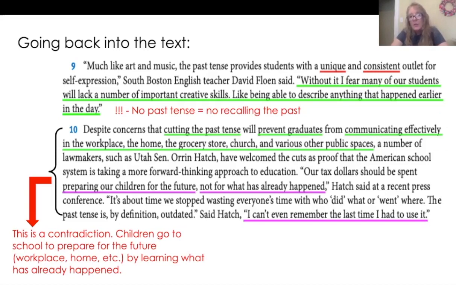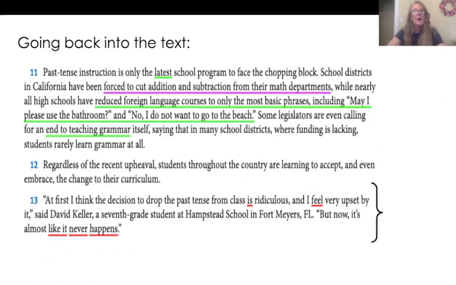This last little piece here in purple, I can't even remember the last time I had to use it. That quote is in past tense. So that's the last time. So there again, that's part of that satire. That's part of that play on words. It's basically calling out and saying, you're telling us that we need to get rid of it, but you used it yourself. So it kind of creates that satire tone.